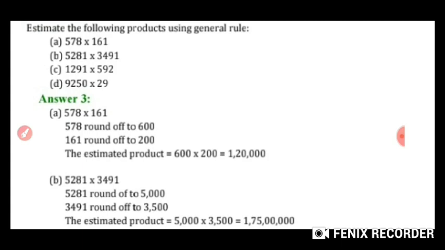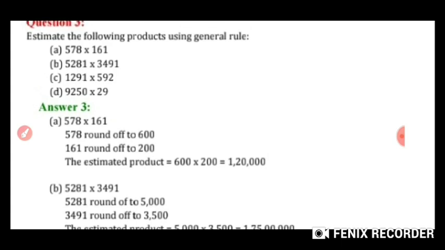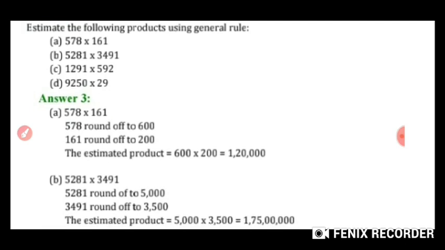Here 3 digits are given, so we can round to the 100 place. 8 is the ones place, 7 is the tens place, 5 is the hundreds place. One more thing to note: for the number we are rounding, if the digit after it is 5 or more than 5, then we add 1 to the number we are rounding.